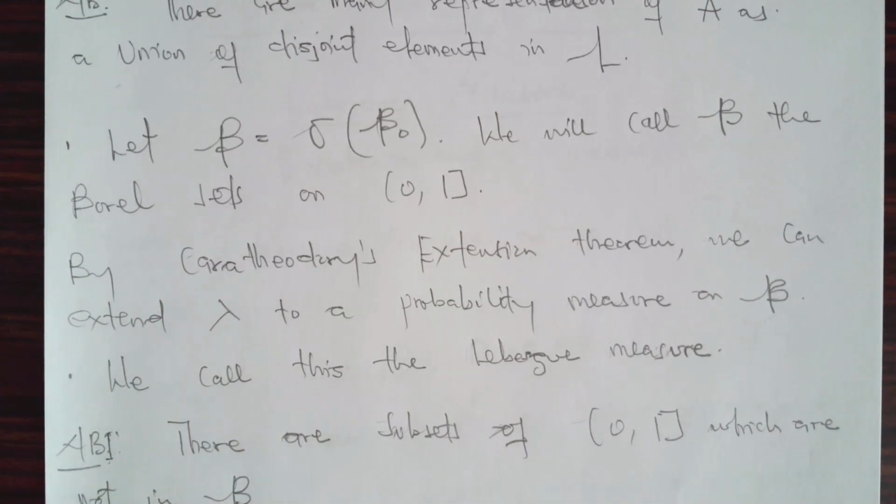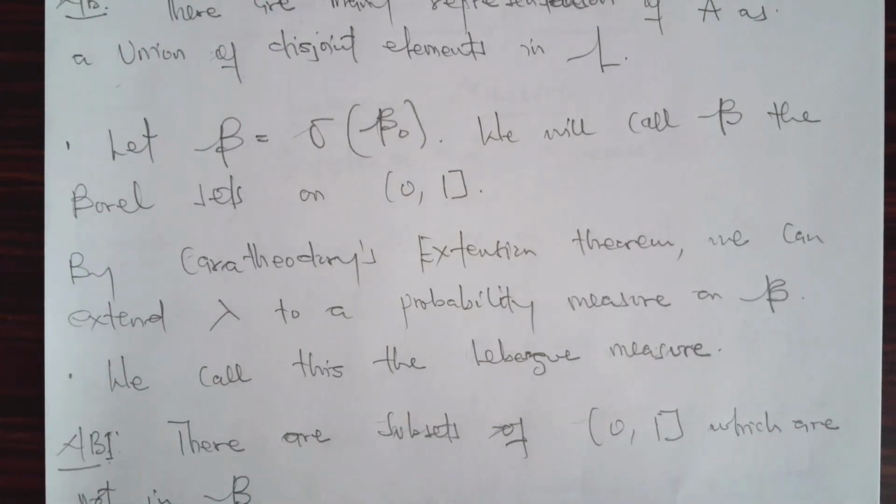Now beta includes some countable unions. That's the only difference between beta naught and beta. Beta naught was only for finite unions, but beta includes countable unions, whereby we want to extend the Lebesgue measure from beta naught to beta.